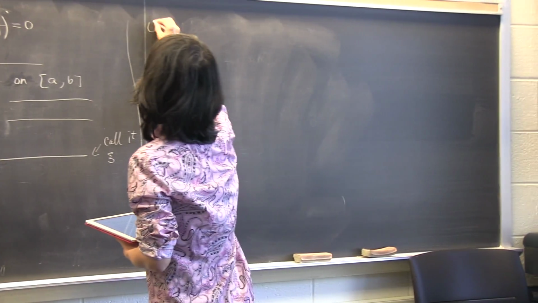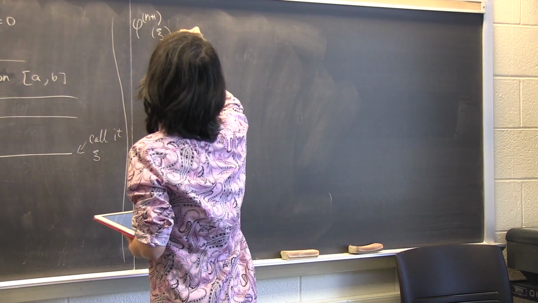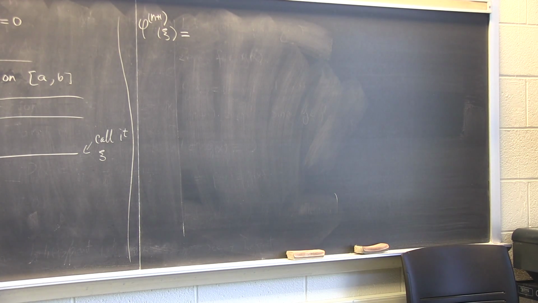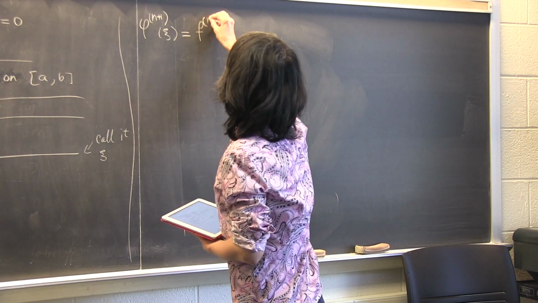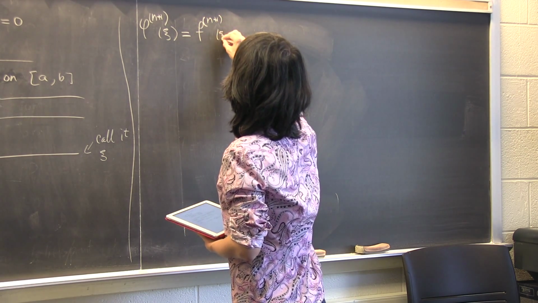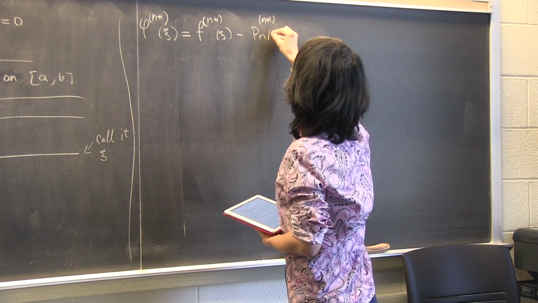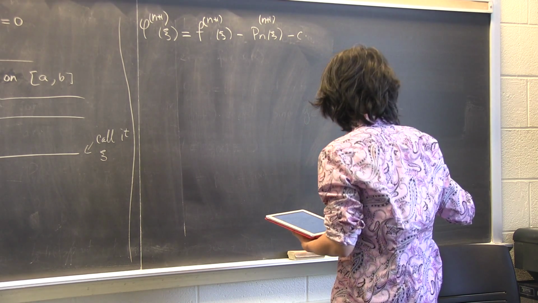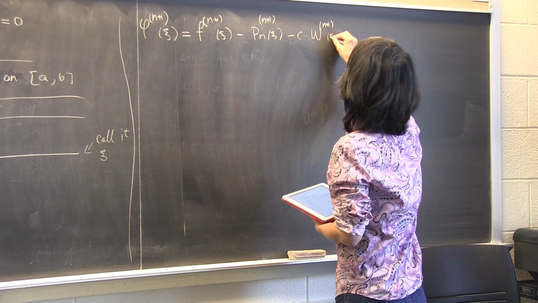So, what is the n plus 1 derivative of my phi? Well, my phi is defined here, so I have to differentiate this n plus 1 times, and this one, and that one. So let me write it out. I'll have f n plus 1 derivative at xi minus Pn n plus 1 derivative at xi minus c times w n plus 1 derivative at xi.